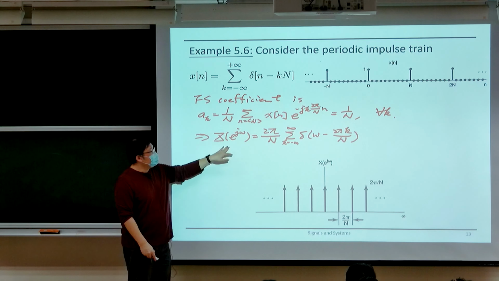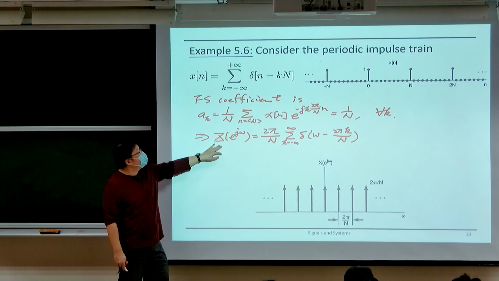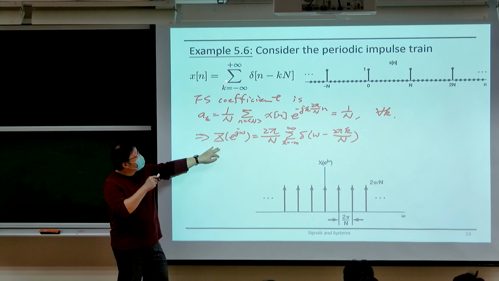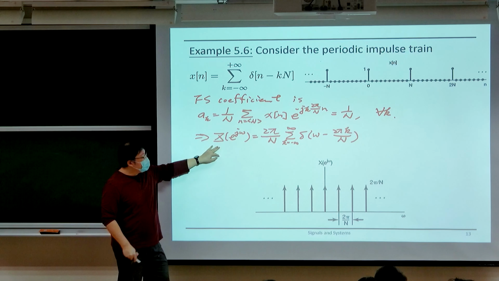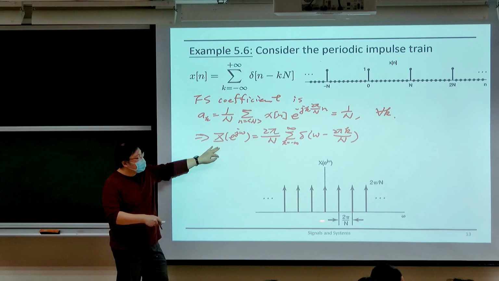All right, so what does this tell you? This tells you that if you have a periodic impulse train in the time domain, then you will also have a periodic impulse train in the frequency domain.